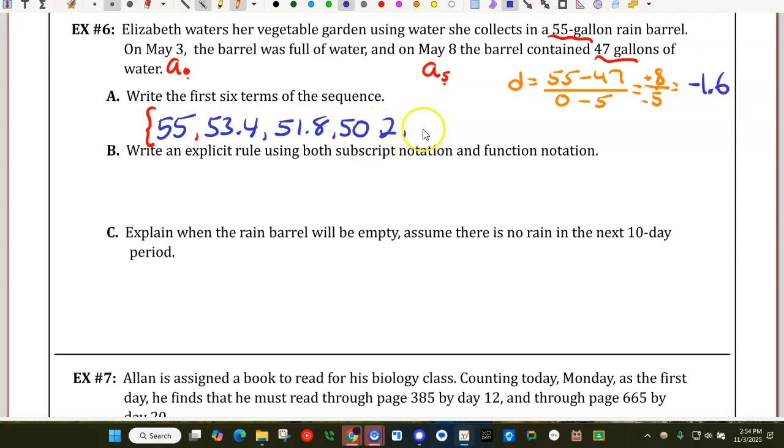Minus that would be 48.6, so 48.6. And minus 0.6, that would be 47. So this drum of rain water that they're using to water the garden is just going down by 1.6. So on the first day, this would be like starting here May 3rd, May 4th, May 5th, May 6th, May 7th, May 8th, and so on.